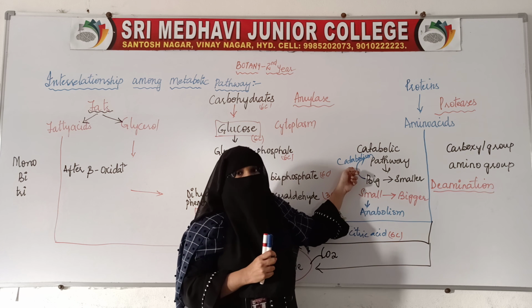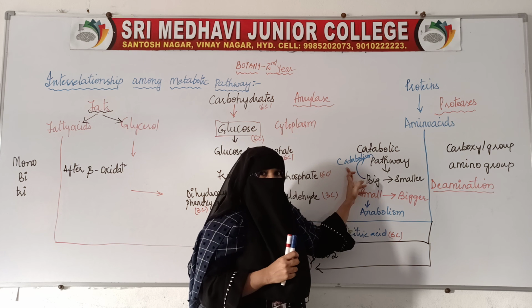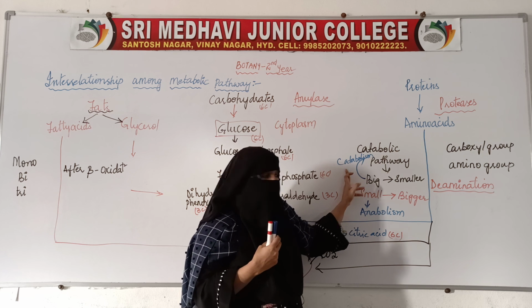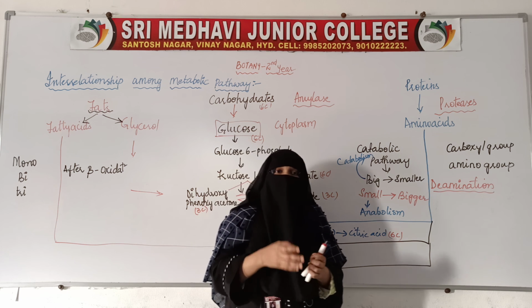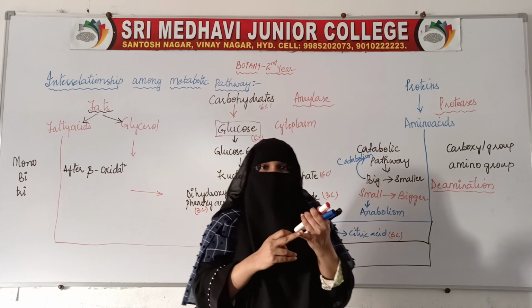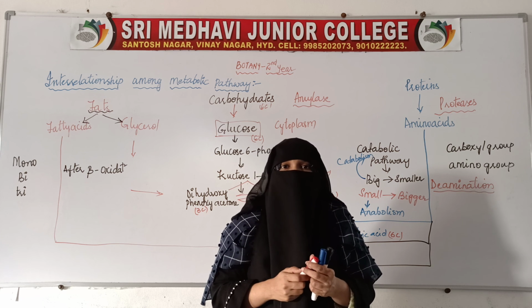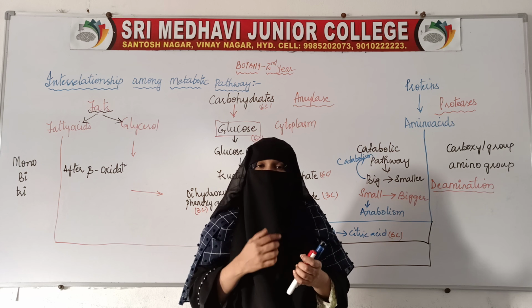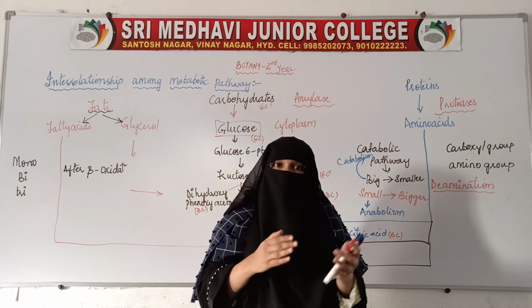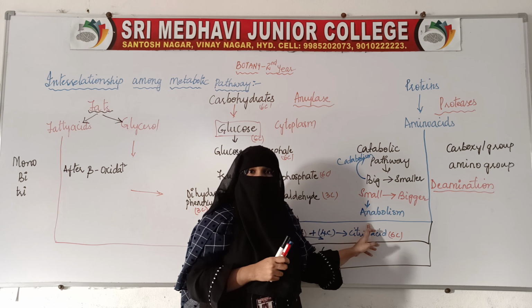So in respiration, catabolic pathways as well as anabolic pathways are involved. When we see both anabolic and catabolic pathways, these are called an amphibolic pathway. So in respiration, an amphibolic pathway is seen, where we see catabolism as well as anabolism.